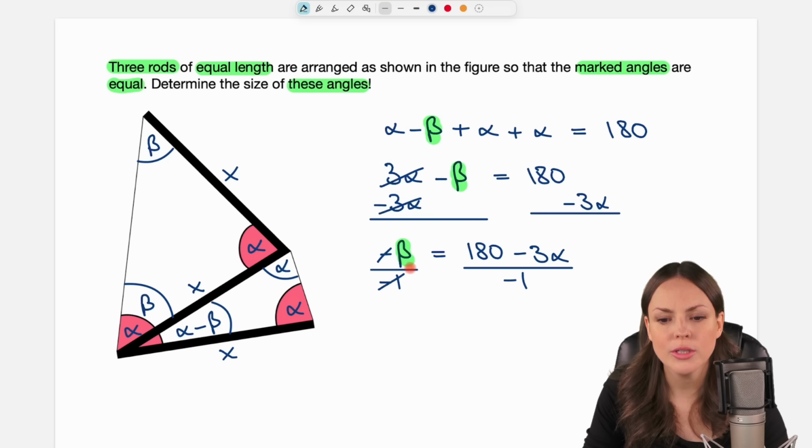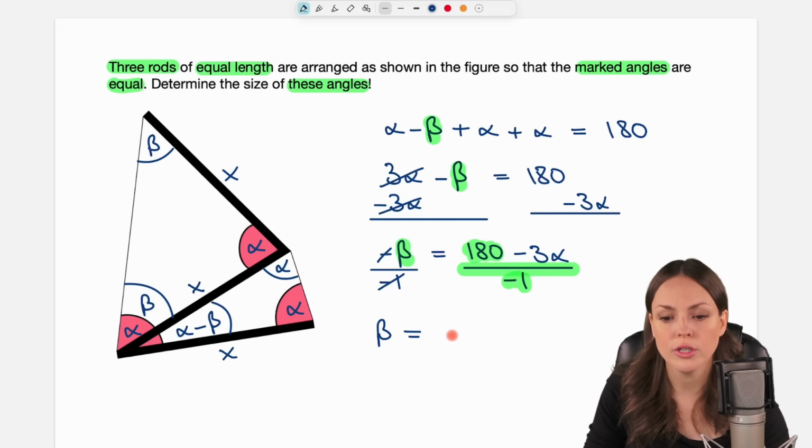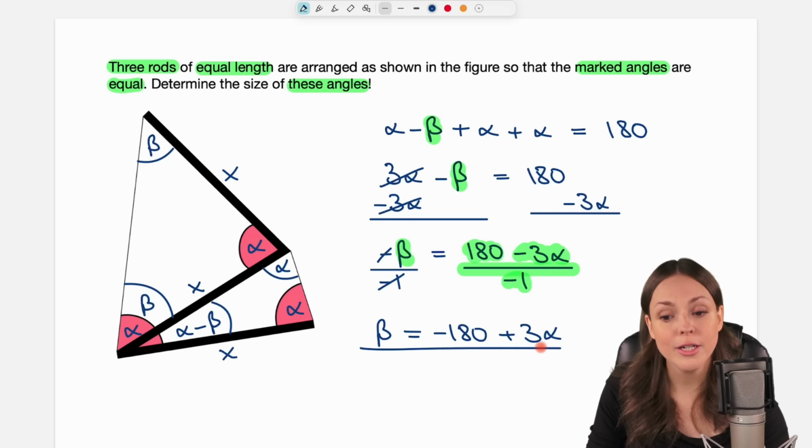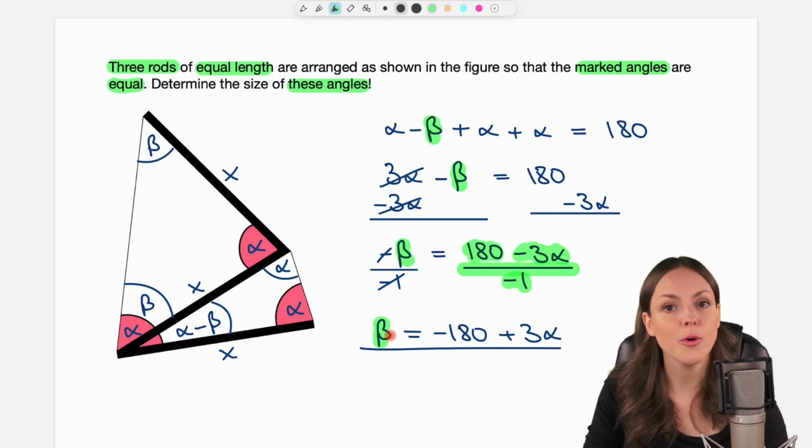This cancels out and only my beta is left, and here I have to divide both parts by -1. So I have 180 over -1, which equals -180, and I have -3 alpha over -1, which is plus 3 alpha. So now I have an equation. I solved it for beta. I keep this in mind.